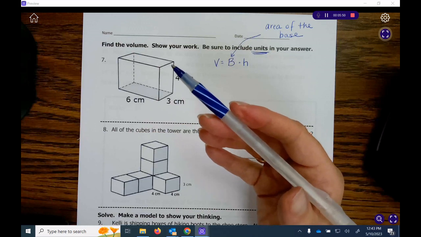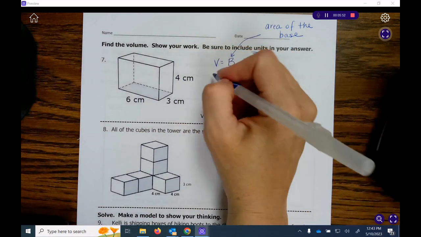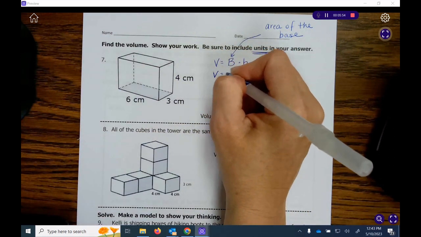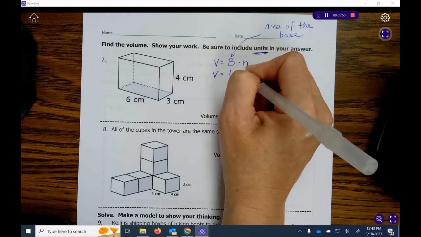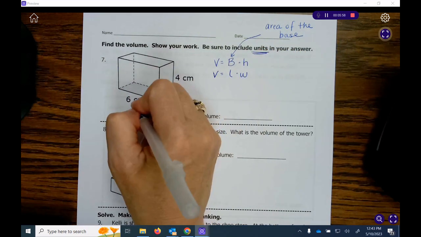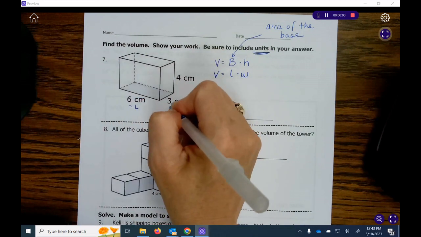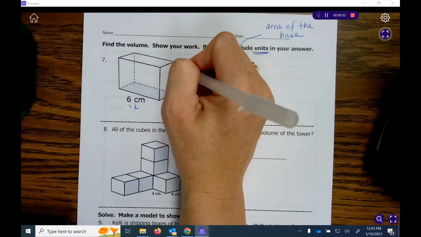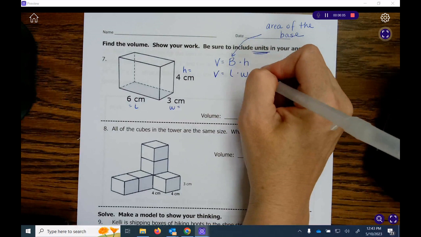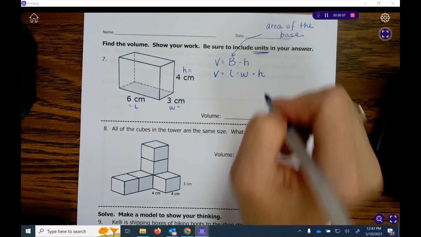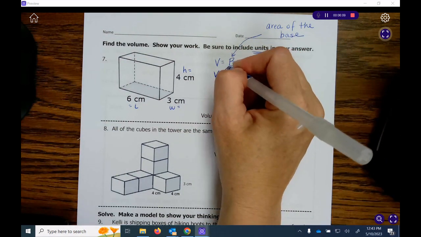So that would be length times width. So I'm going to make this length. This will be width. And this will be height.